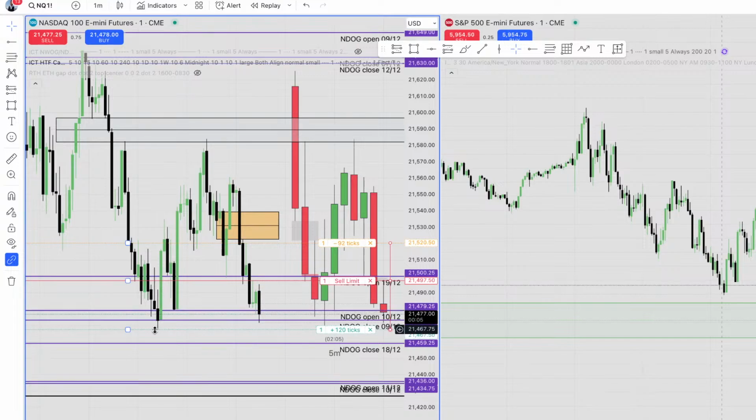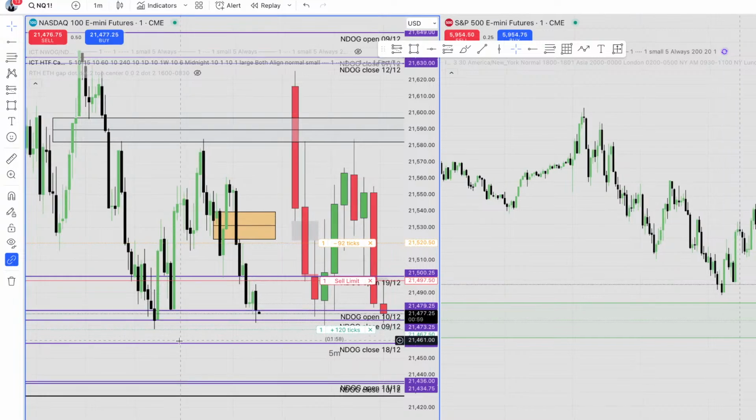Neither ES nor NQ took this, so my entry there is still valid. And the candle did not close below the two up-close candles, so this is not a valid order block yet. So let's see.